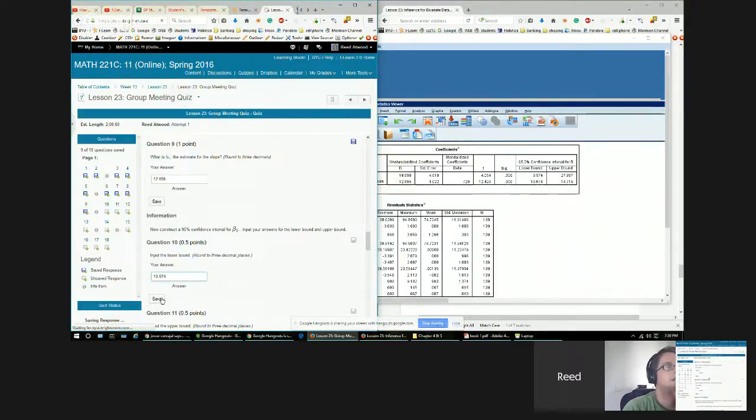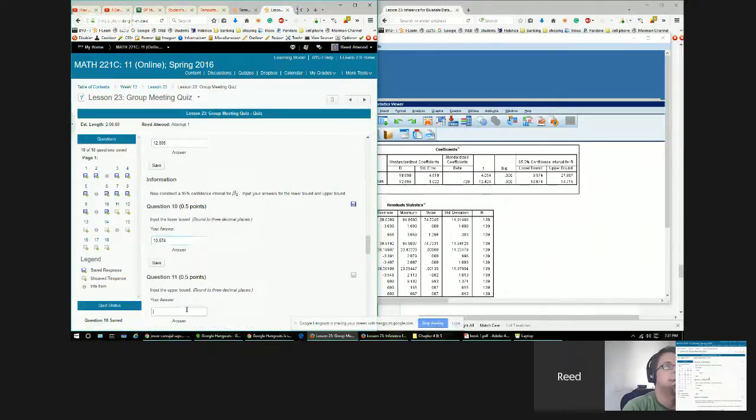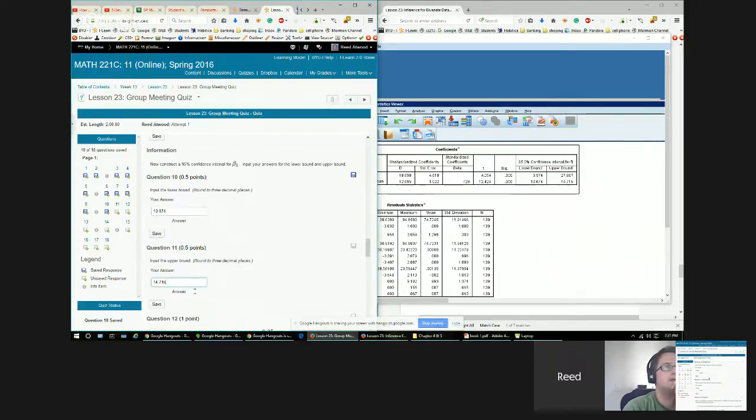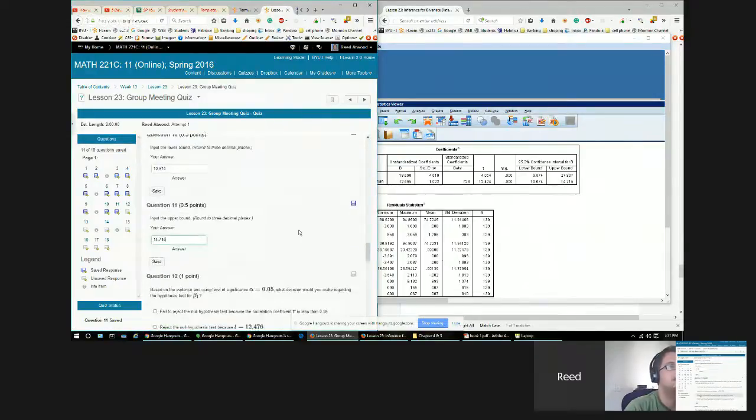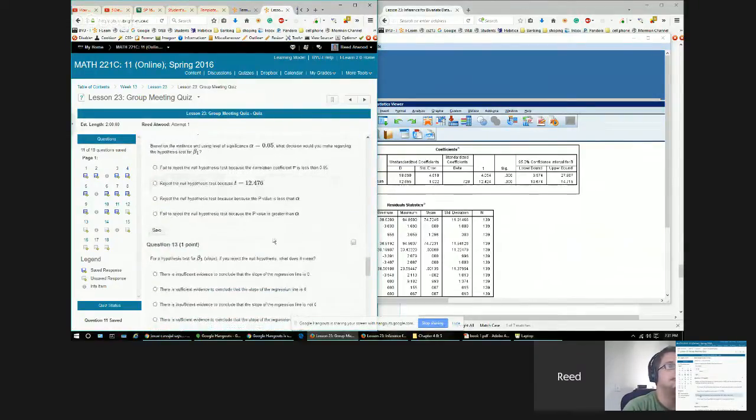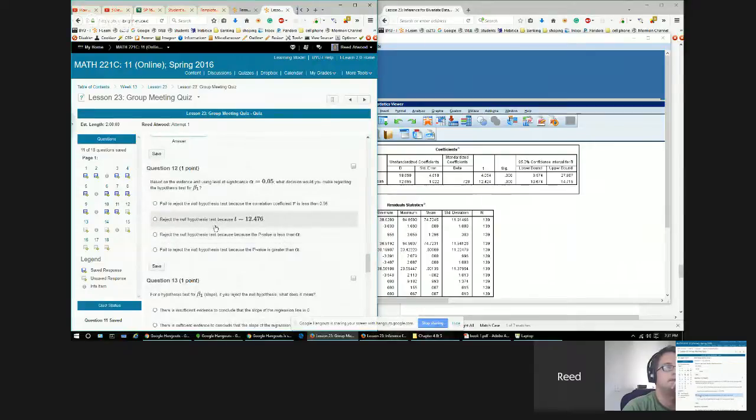The other one is way easier though. Okay. So on question 12, we have C, reject the null hypothesis because the p-value is less than the sigma, or alpha, either one.